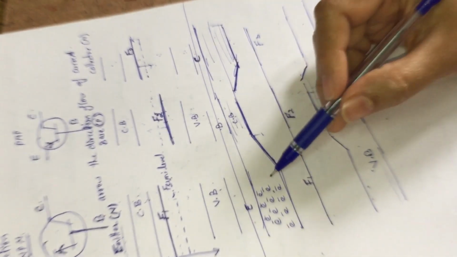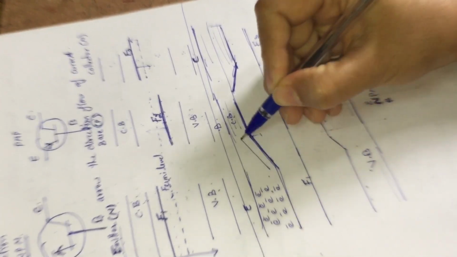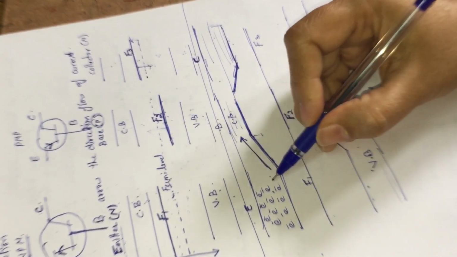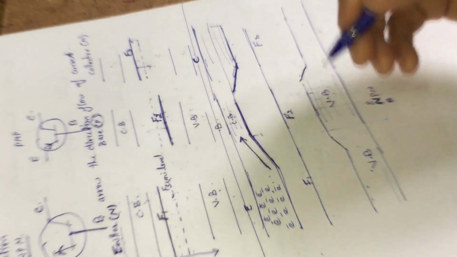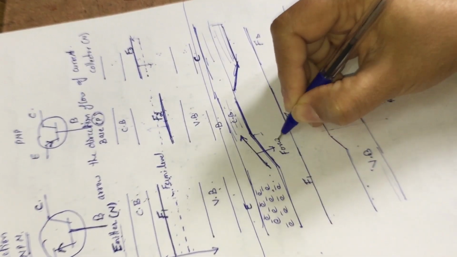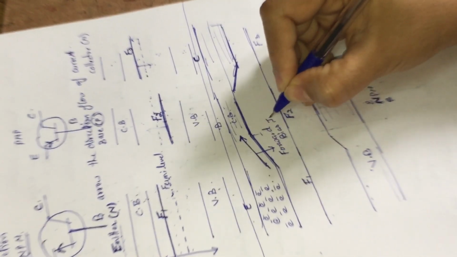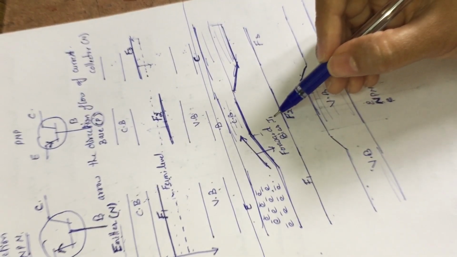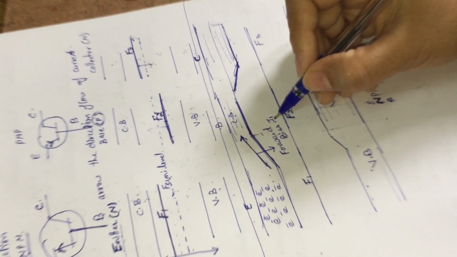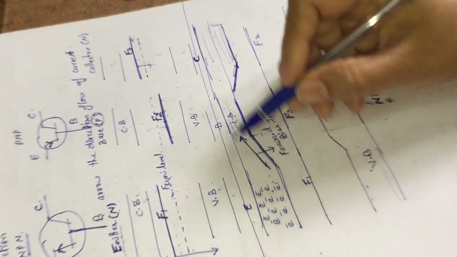Now to move these electrons to the base region, we have to give some amount of energy to these electrons so that they can move from emitter to base region. And this energy is provided with the help of forward biasing. We have to forward bias the junction J1, that is the emitter base junction, where this forward biasing of the J1 junction provides sufficient energy. These electrons will move from the emitter region to the base region.